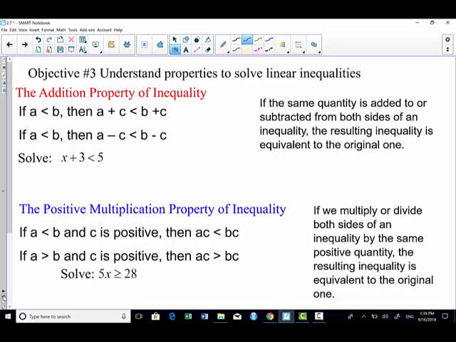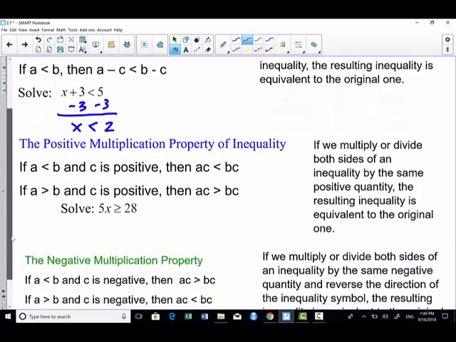A simple example, x plus 3 less than 5. So to leave x by itself, you can subtract 3 on both sides of this inequality. That way you will have x by itself on the left hand side, and right hand side is 5 minus 3, which is 2. So x less than 2 is the solution set for this inequality.